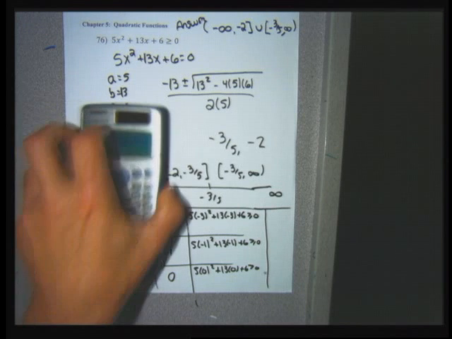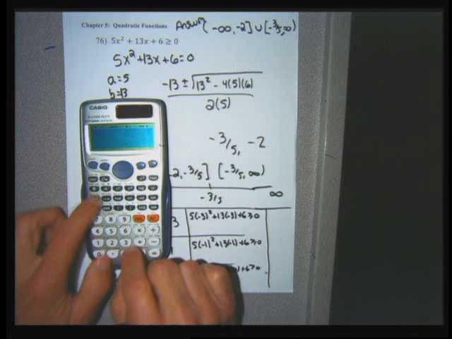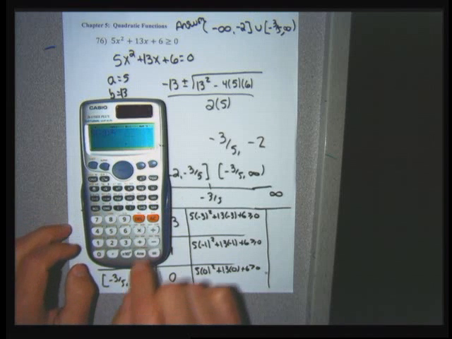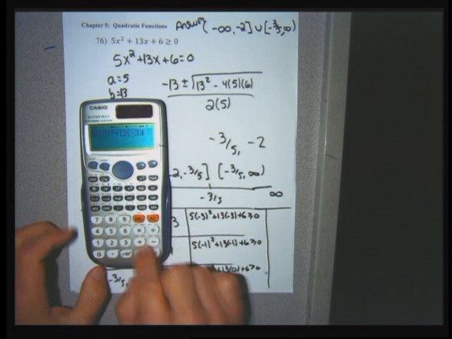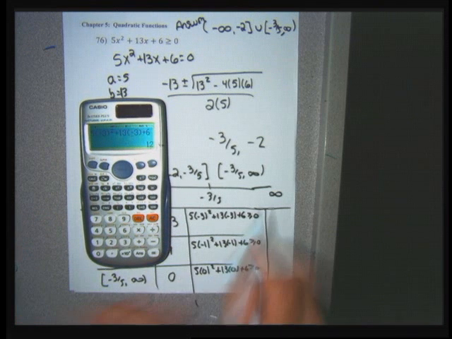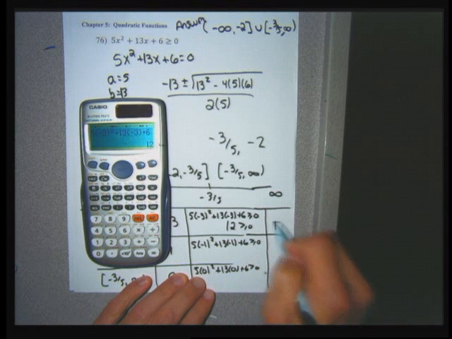So, first one, 5 parentheses -3 squared plus 13 parentheses -3 plus 6 gives me 12 is bigger than or equal to 0. That's true.